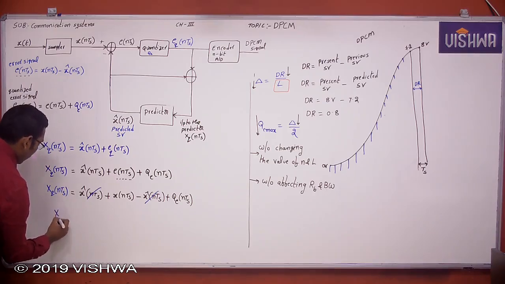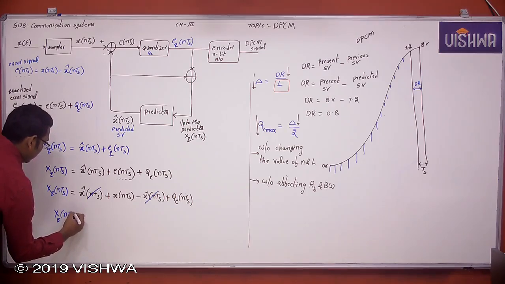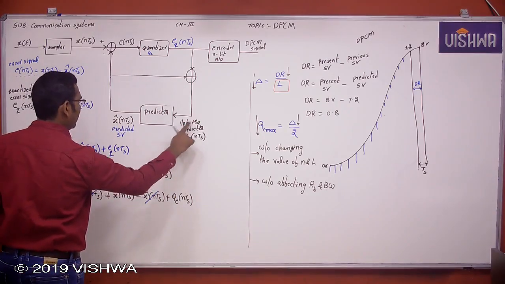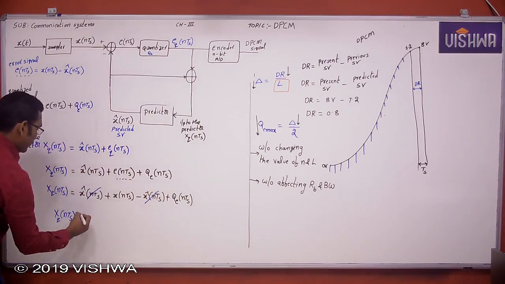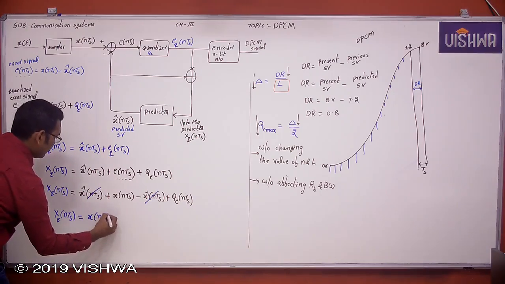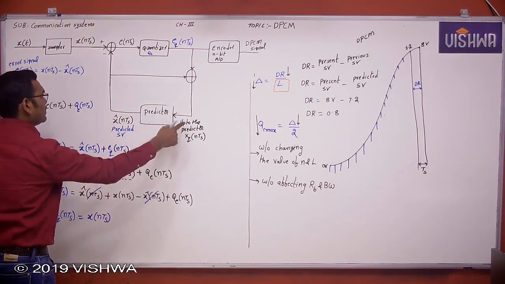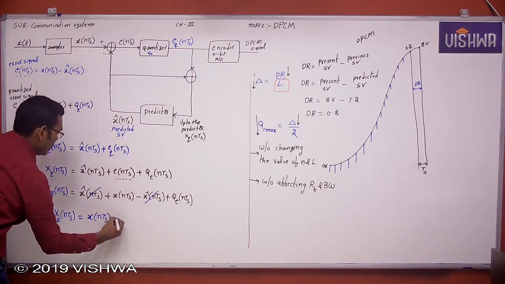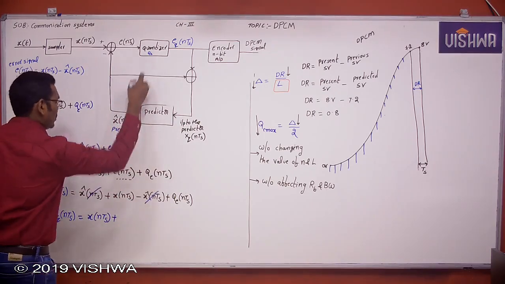Now the quantized sample value, or the input to the predictor, is nothing but x of nTs, the original sample value, plus some quantization error.